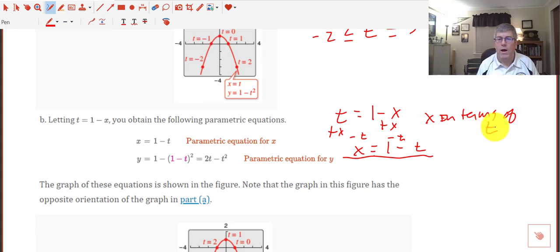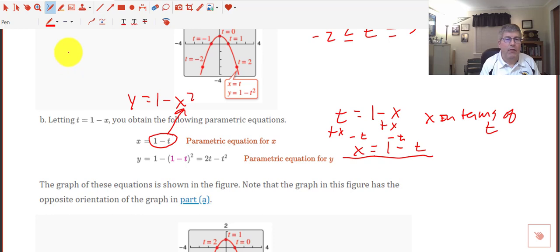So now we have to get y in terms of t. So we take our x equals 1 minus t and we substitute it into our equation. Now remember, our original equation here is y equals 1 minus x squared. So we're going to take 1 minus t and substitute it in to y equals 1 minus x squared. So that's how we get y equals 1 minus the quantity 1 minus t squared.